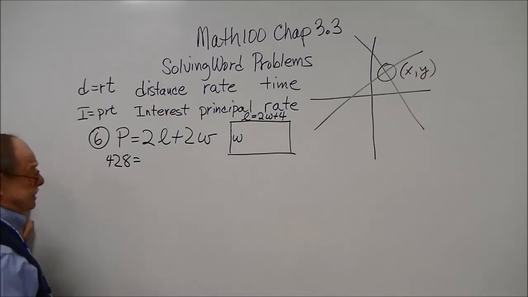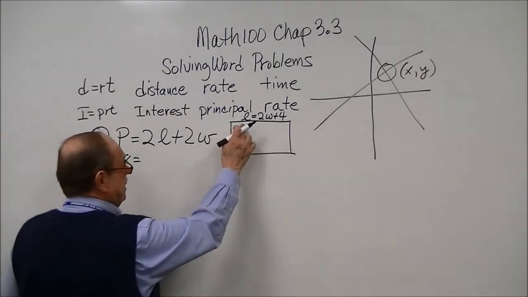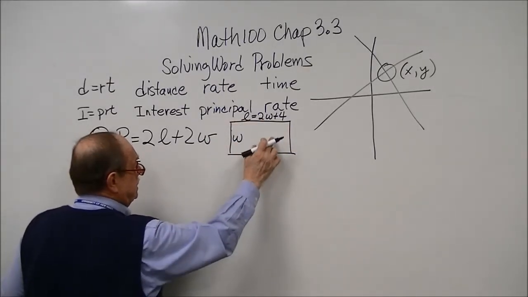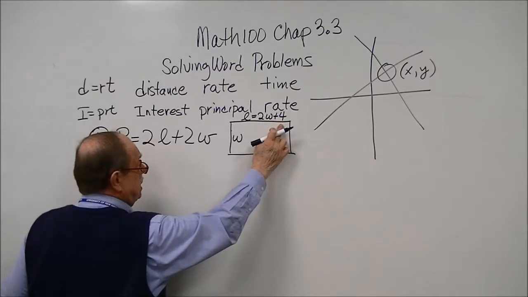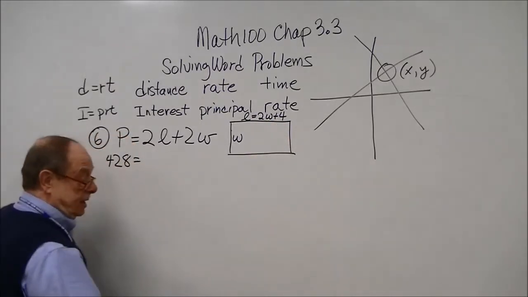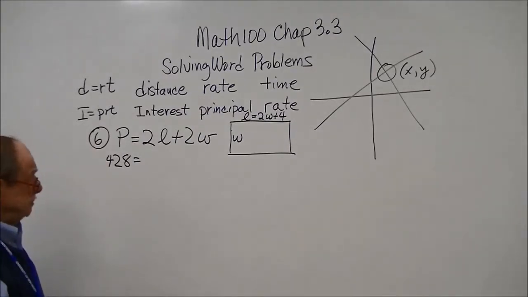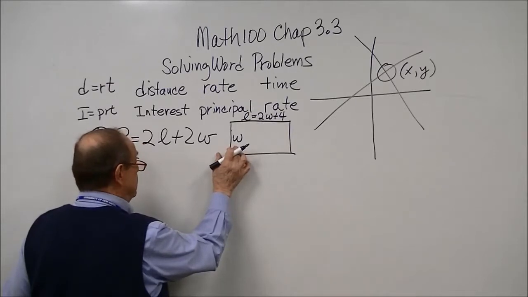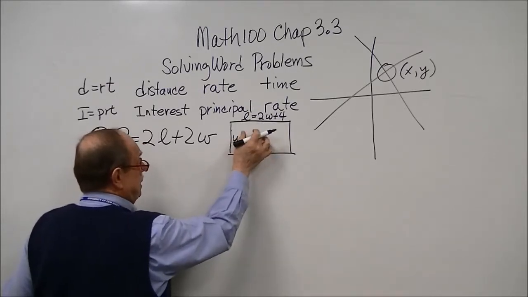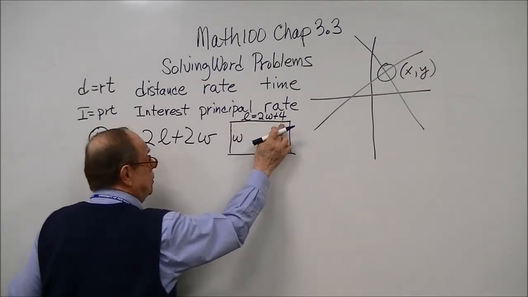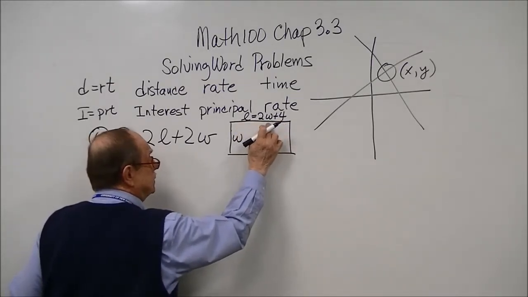It also says that the length of the rectangle is 4 more than twice the width. That's what they give in the problem. So I've put that. Here's the width. We don't know the width. We don't know the length, but we know the length is 4 more than twice the width.